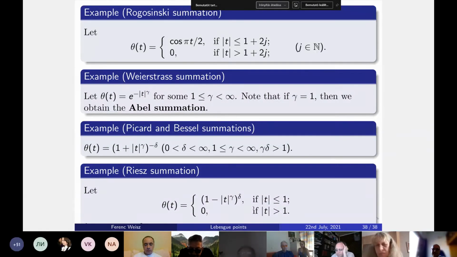And we hope that this new book also shows this. Can you speak a couple of words about your book so people will know about it? Or maybe Weisz is best to say about it. Okay. I can say some words. We wrote a book about Vilenkin-Fourier series.